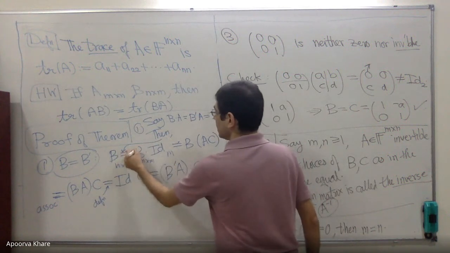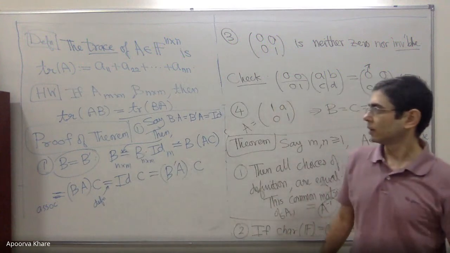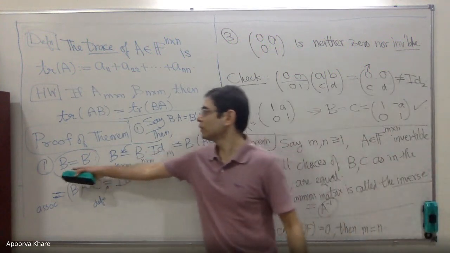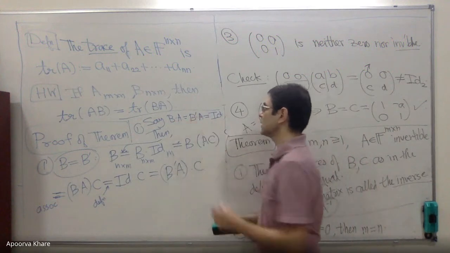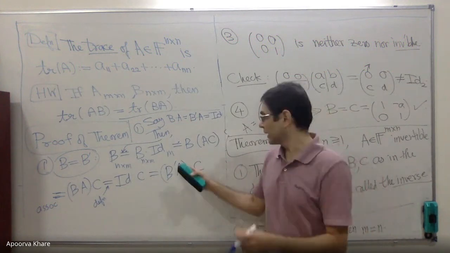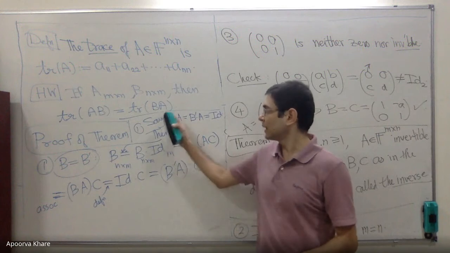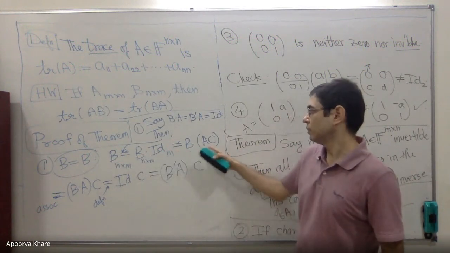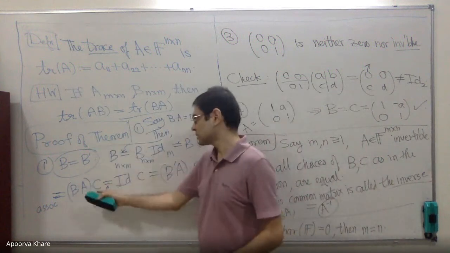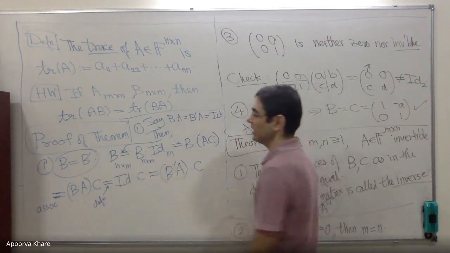Start with B and I'm going to go to B prime. When I say I'm proving B equals B prime, I mean suppose B times A equals B prime times A equals identity, and we know A times C is also identity, then I want to prove that B equals B prime. So you start with B equals B identity, BAC is BA times C, identity times C, and now I go the reverse.